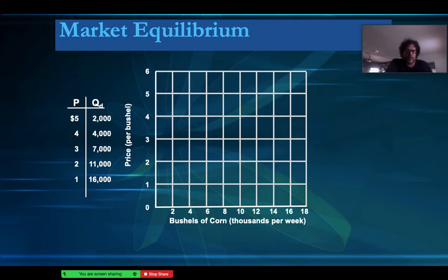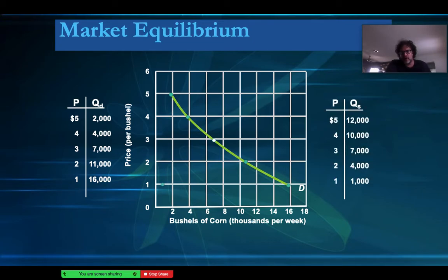So we have our prices and quantities there, and we're plotting these points. There's your demand curve. We have our supply schedule over here, and we're plotting the points, and there's our supply curve. So you can see market equilibrium is at a price of $3 and 7,000 bushels of corn, okay?